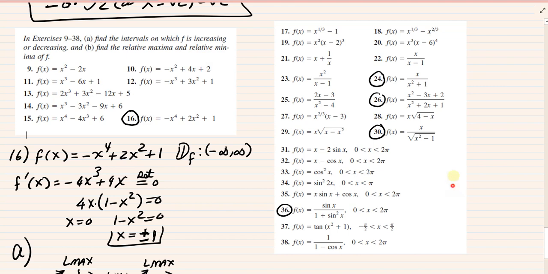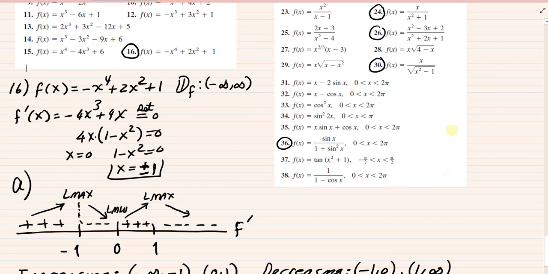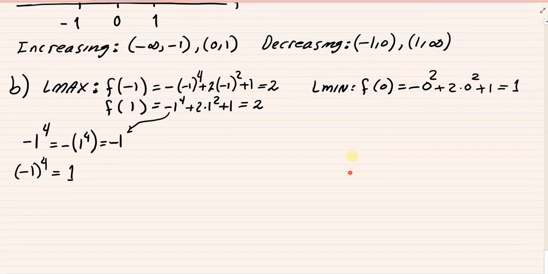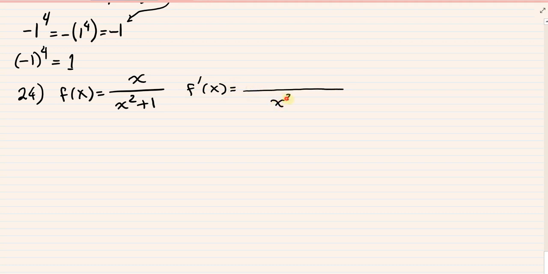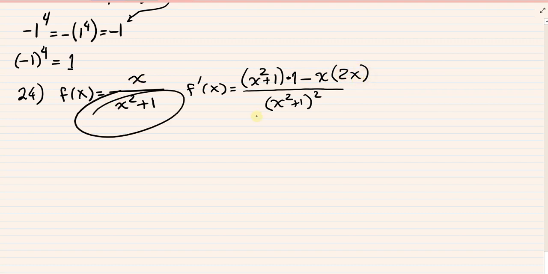Let's take a look at number 24. In number 24, x over x squared plus 1. X divided by x squared plus 1. Okay, so that is our function. Let's find the derivative. F prime of x is, we can use the quotient rule. You square the denominator, and then repeat the denominator times the derivative of the numerator, which is 1, minus the numerator times the derivative of the denominator, this denominator, not the second one, times 2x.